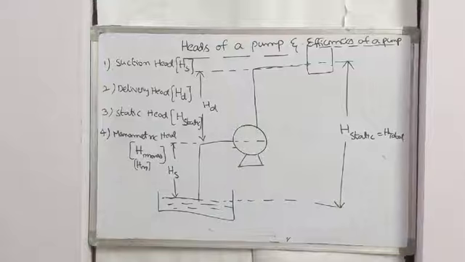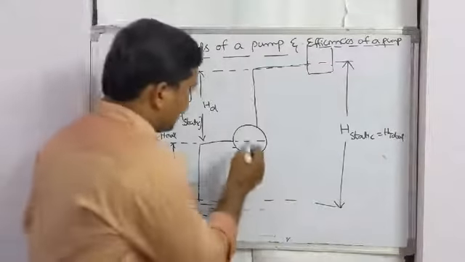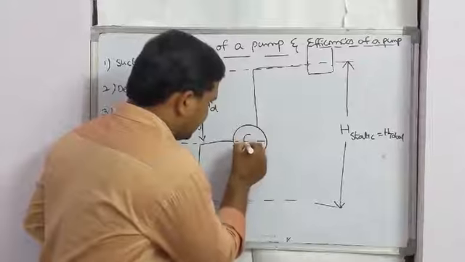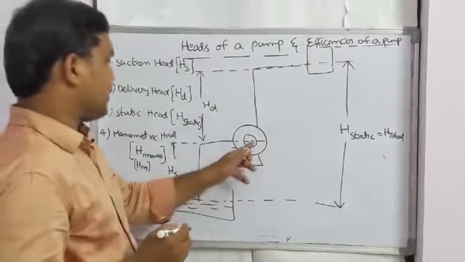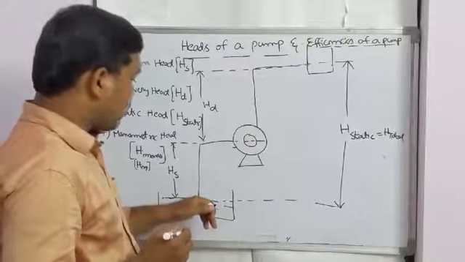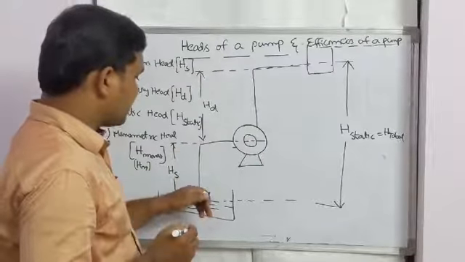The first one is the suction head. For example, this is a pump, this is an impeller. The vertical height from the central line of the impeller to the sump or water level surface is called the suction head.